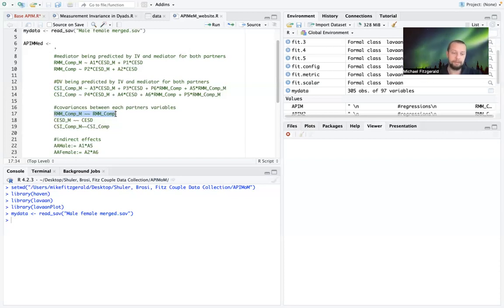Likewise, my symptoms of depression are probably going to be correlated with their symptoms of depression. How happy I am in my relationship is probably going to be correlated with how happy my partner is in the relationship. And so here's, again, a complex code.